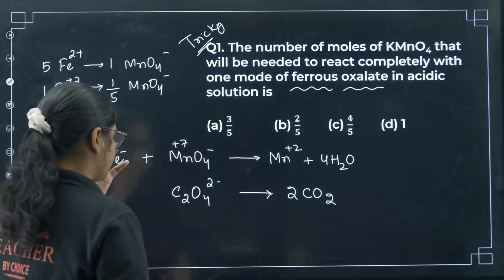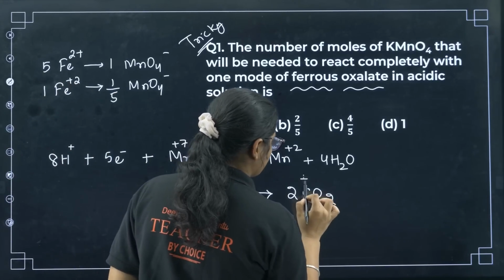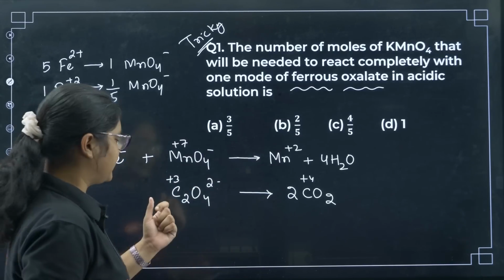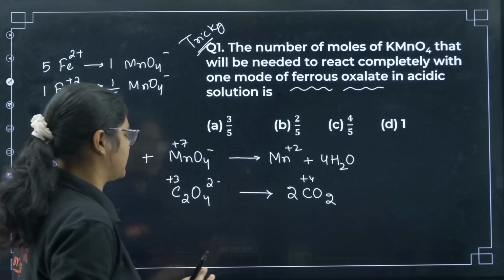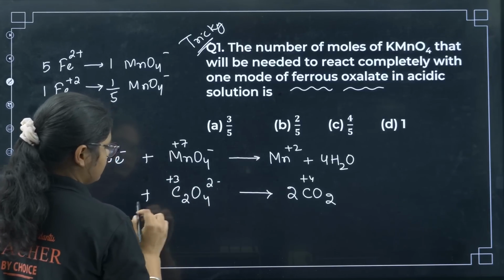Here the carbon is plus 3 and this is plus 4, so plus 3 to plus 4 is the oxidation of 1 electron. There is a loss of 1 electron.